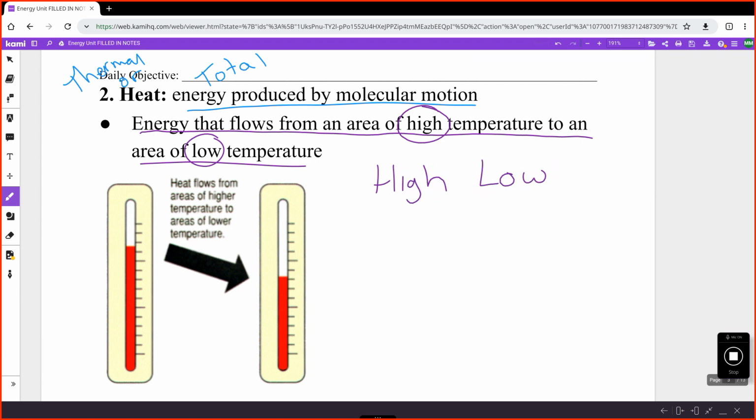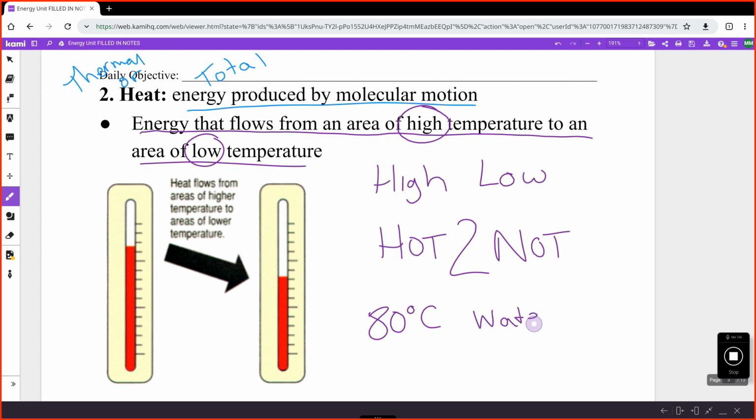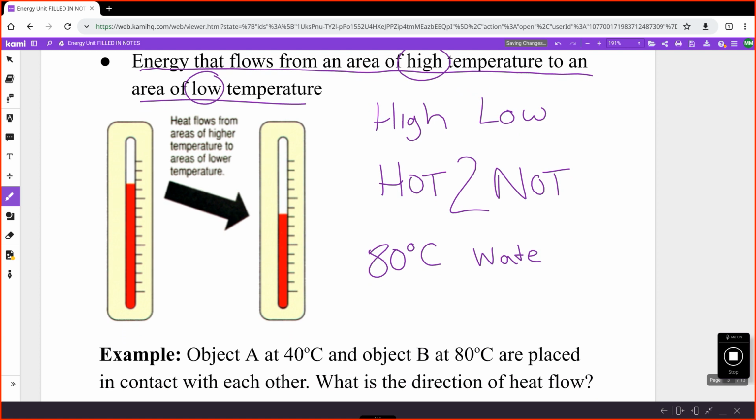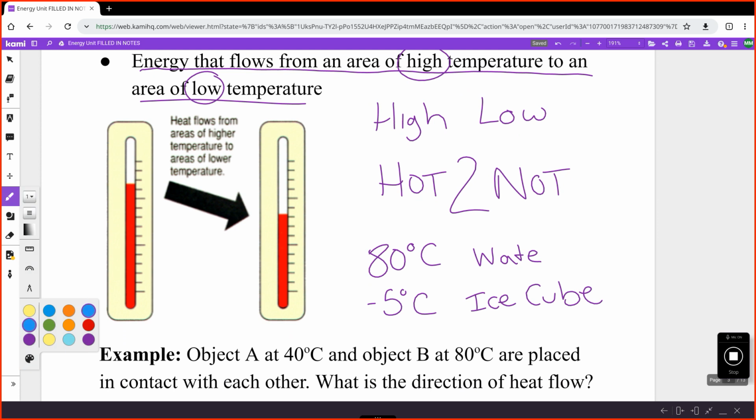Or as I like to say sometimes, heat energy always transfers hot to not. And this lets us know that, if I have an 80 degrees Celsius water, and I throw in a -5 degree Celsius ice cube, what happens here is the thermal energy goes from the water into the ice cube.